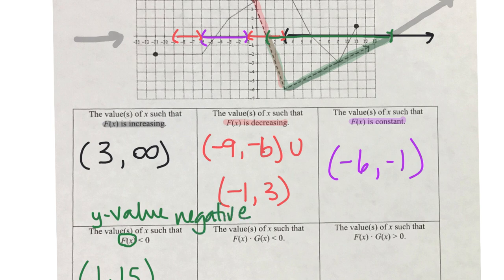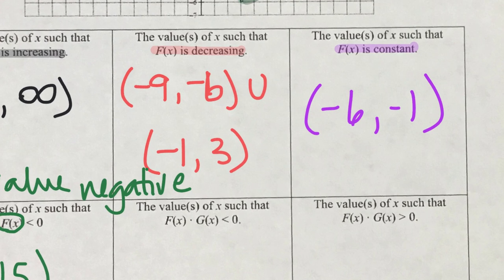Now let's look at this next one, because we haven't been multiplying these. What has to be true in order for the product of two numbers to be less than 0? Right? One of them has to be negative. Can they both be negative? No. So only one can be negative.